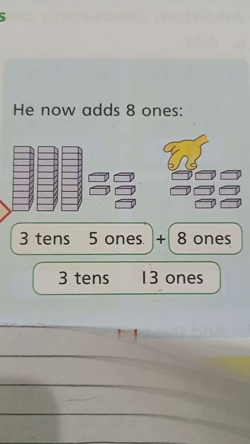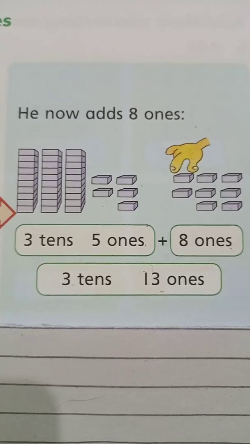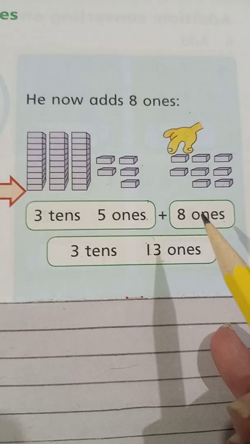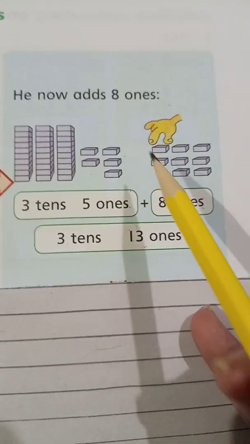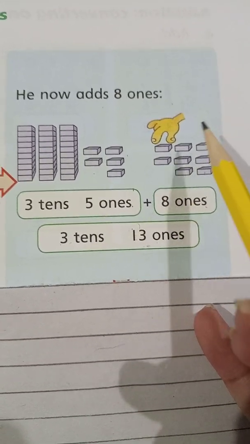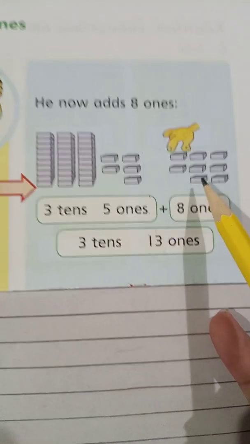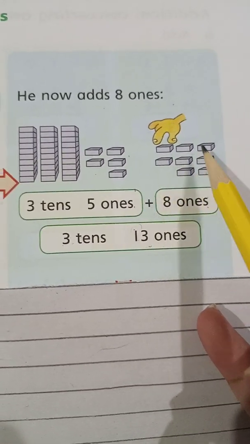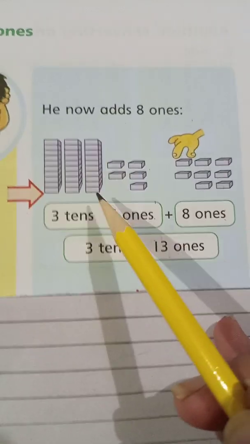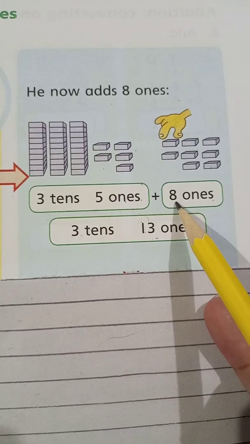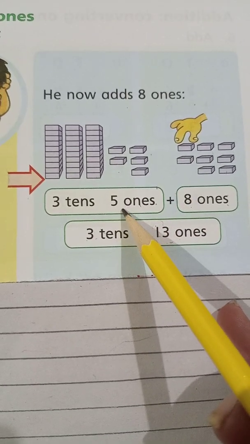And now Adil is given 8 more boxes. Look students, now Adil has to add these 8 boxes into the remaining boxes. He will add these 8 ones into the 3 tens and 5 ones. First he will add these 8 ones into the 5 ones.